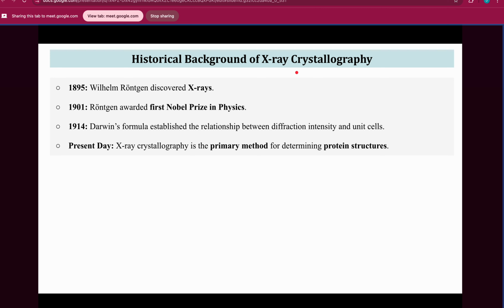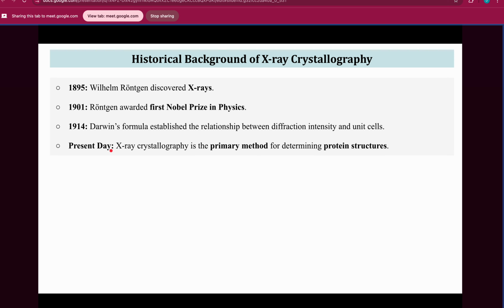Now a little bit of historical background of X-ray crystallography. X-rays were discovered by Wilhelm Röntgen in 1895, and in 1901 he was awarded the first Nobel Prize in physics. In 1901 the Nobel Prize was started, so he was the one to obtain the first Nobel Prize in physics. And in 1914 Darwin's formula established the relationship between the diffraction intensity and the unit cell.